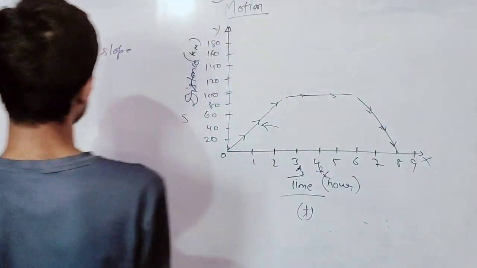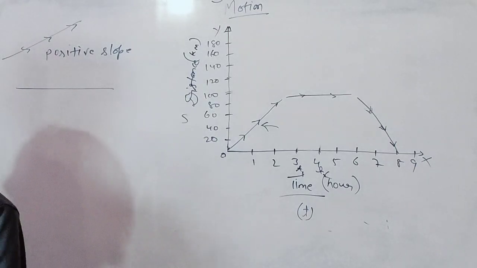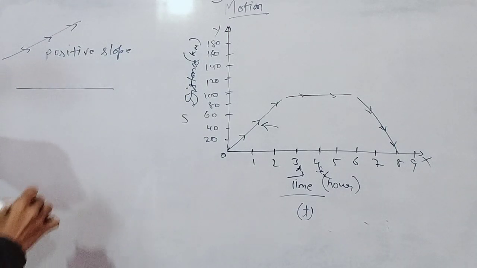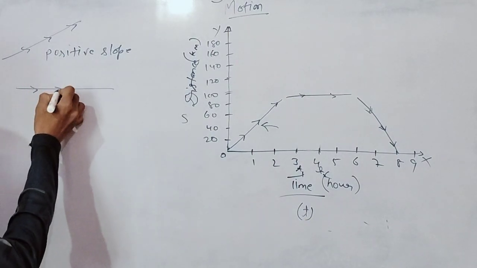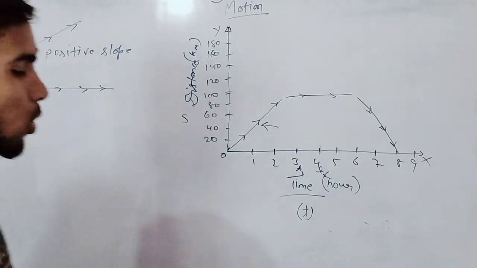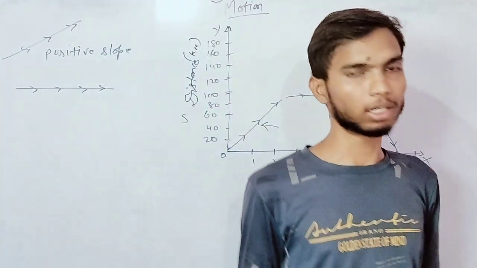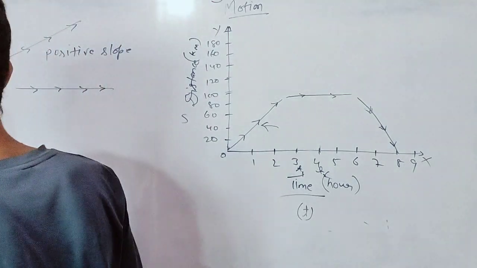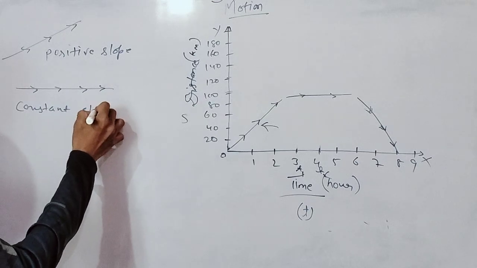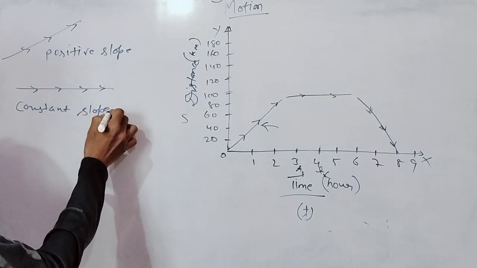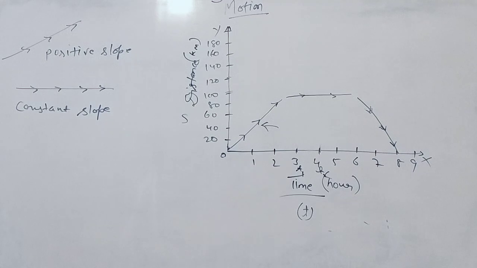Now, if a slope is constant, if the slope is in a straight line, then we would say it is a constant slope. Slope is nothing, slope is 0, you can say. Constant slope, because nothing is changing. Yes, time is changing, time is passing, I know, but the line is constant.